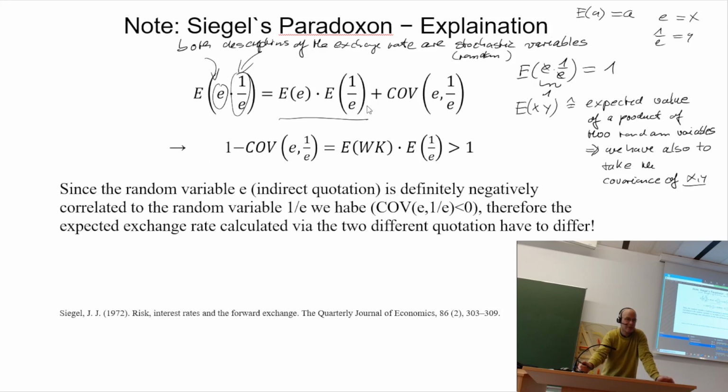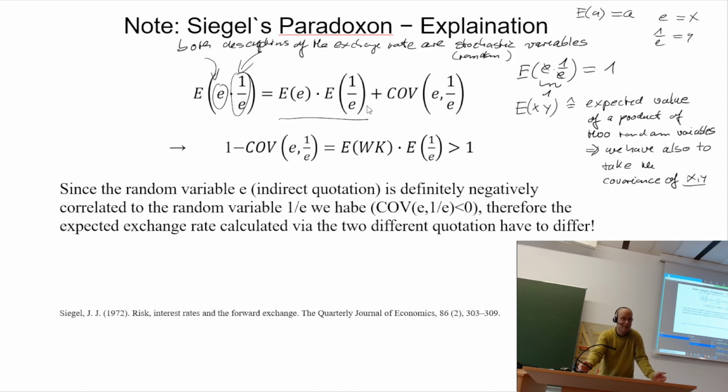If the correlation of these two variables is zero, so if these two variables would be independent, then of course we have a covariance of zero, and then we would have only the product of the two expected values of the random variables itself.